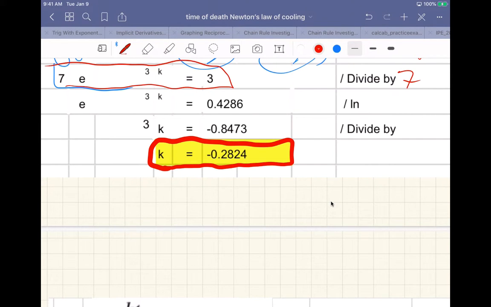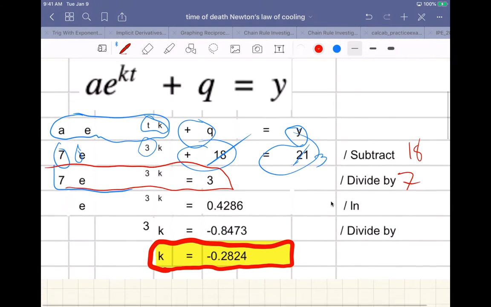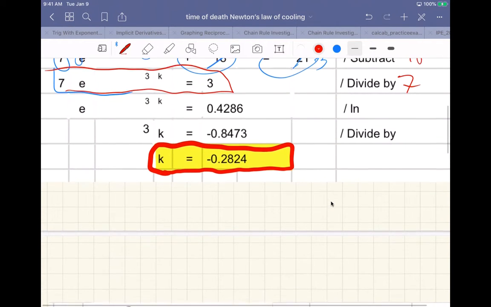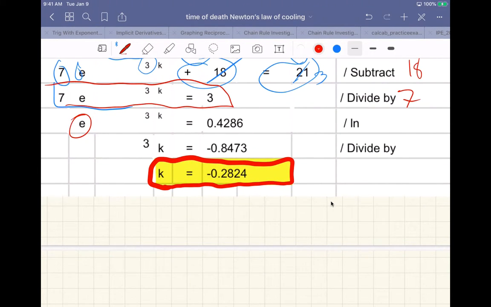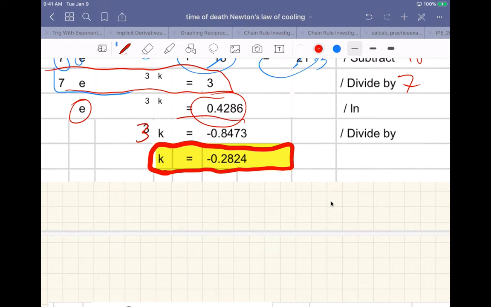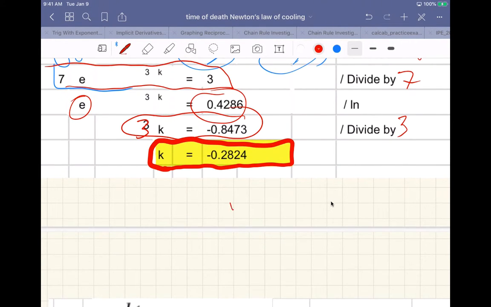When I take the ln of both sides, it gets rid of e, so I just have 3k equals the ln of that value. So that's my next equation right here. And then I divide both sides by 3 to get the k value.